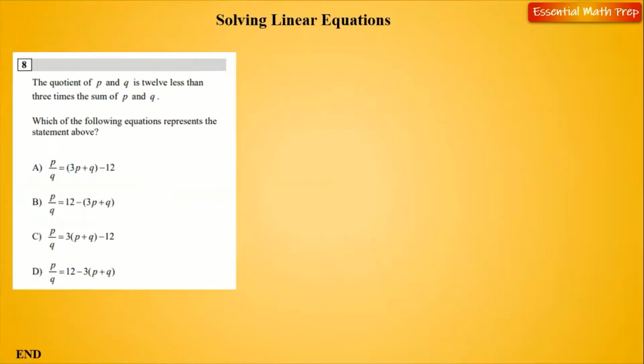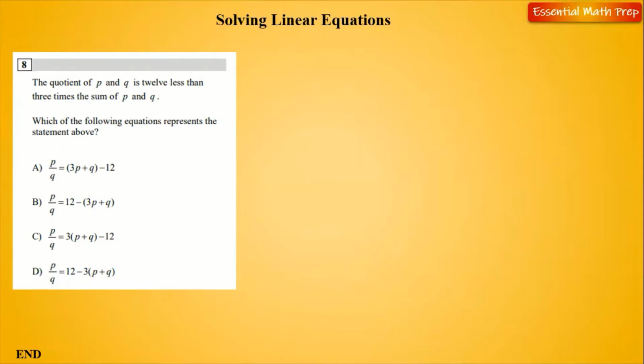All right, this will be the end of this domain where you're given a sentence and you're asked to write an algebraic expression. This is one of the many domains of solving linear equations. And here's the last problem on this topic. The quotient of P and Q is 12 less than 3 times the sum of P and Q, right?